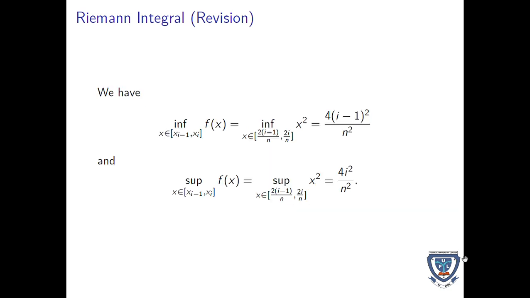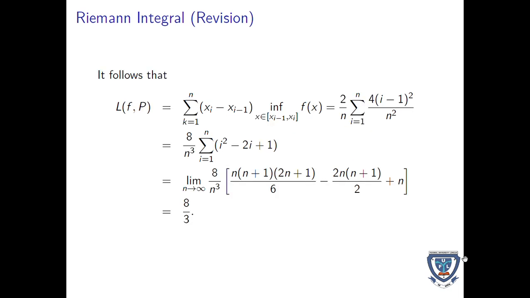Now, the infimum of f(x) is 4(i-1) squared over n squared, and the supremum is 4i squared over n squared. Now, the lower Riemann sum will be the summation of the interval lengths times the infimum of f(x). And when you take the product and simplify properly, you are going to get 8/3.